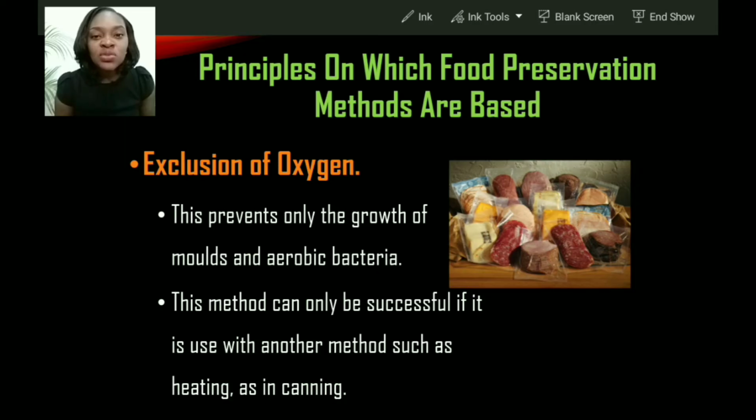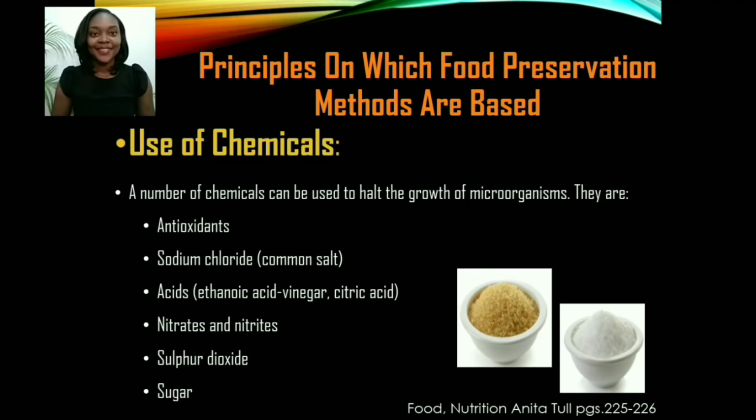They exclude all the oxygen or the air from the product to help to prevent the growth of pathogenic microorganisms, right? And remember, this has to be used with another method of preservation. It may be canning, it may be freezing, or it may even be dehydration.